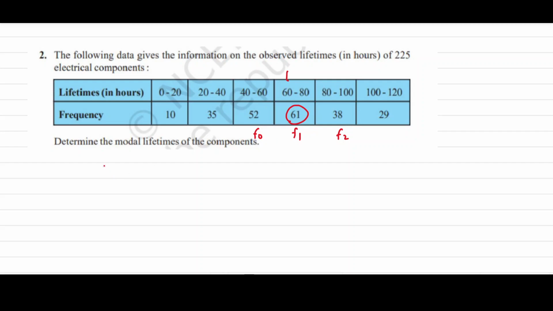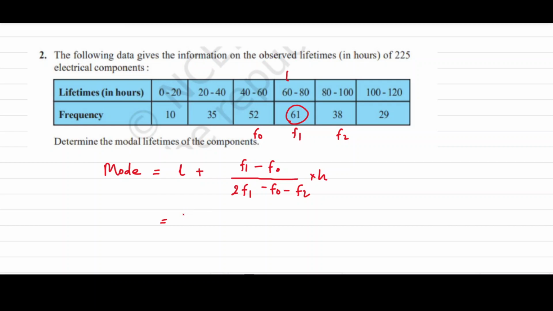So what will be the mode? According to the formula, this will be L plus (F1 minus F0) over (2F1 minus F0 minus F2), into H.